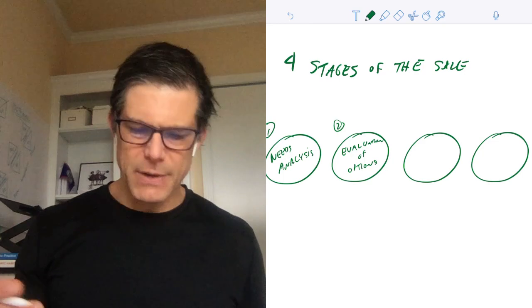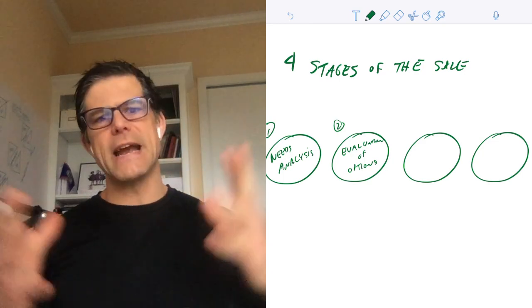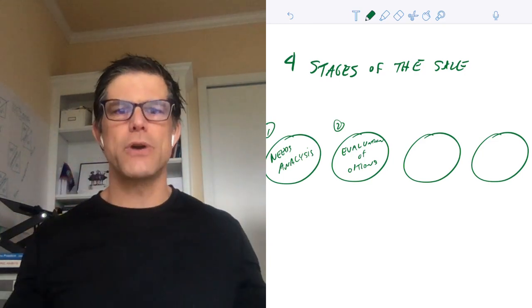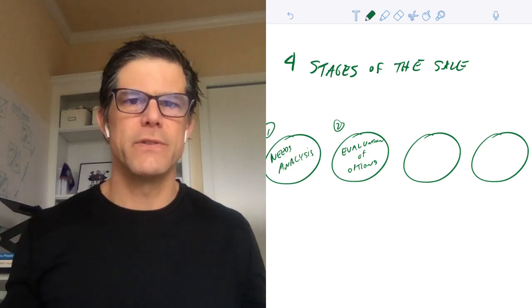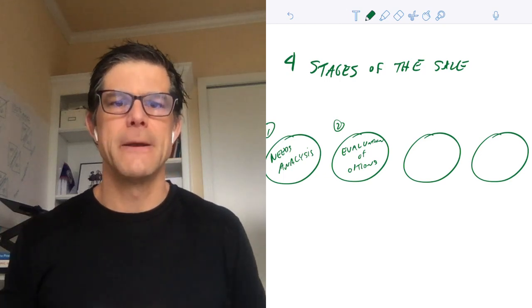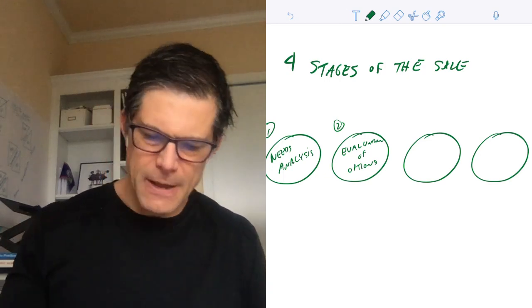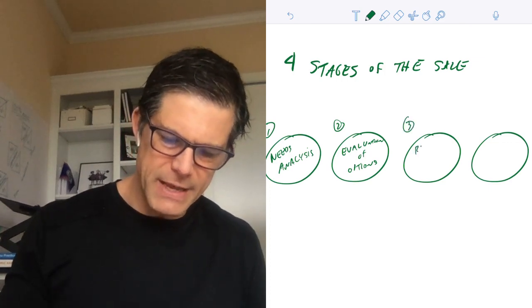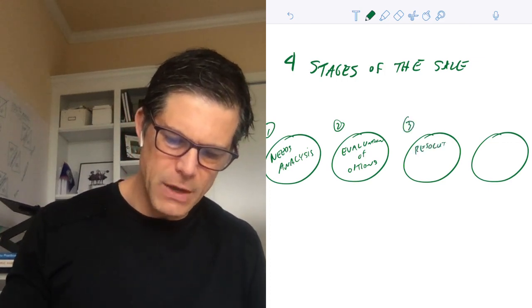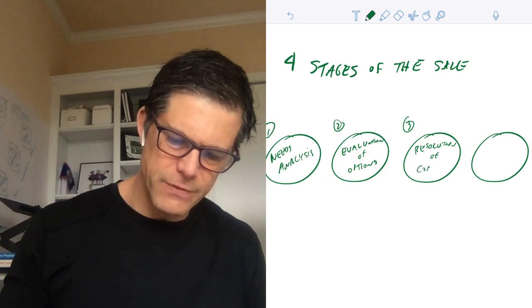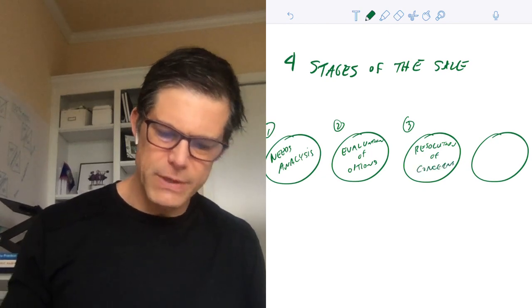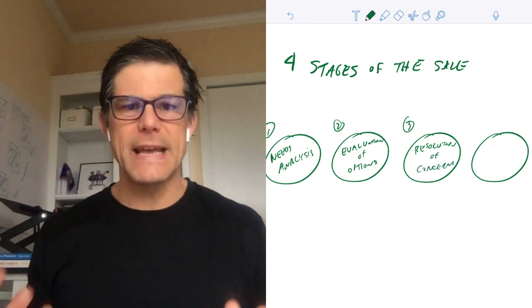And after they've evaluated those multiple options, then they start to narrow down from the wide breadth of different ways they could solve this problem, or the different roads that they could take, whether to take action or not take action. Then what they do is they engage in what's called resolution of concerns. And so this is really getting their questions answered.